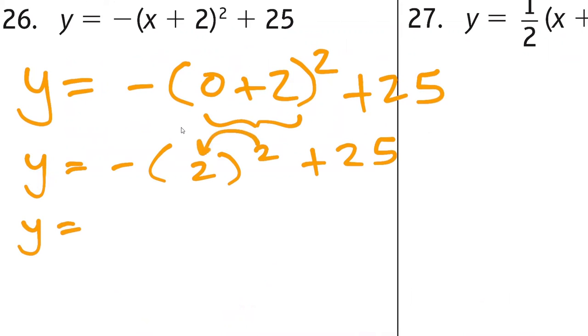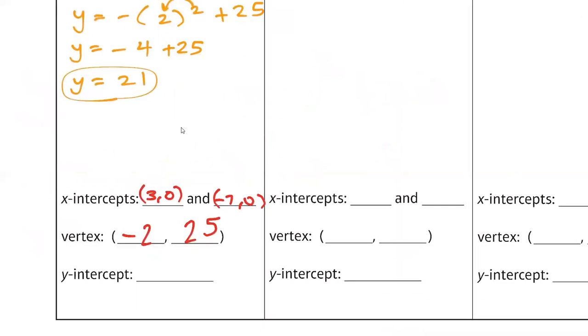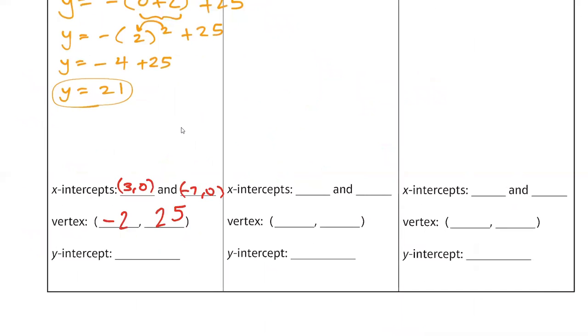Keep in mind that that's squaring the parentheses, so the negative is not touched yet, and 2 squared is 4. Now all we have to do is add up -4 and 25, and we get 21. Thus, when x is 0, y is 21, and that is your y-intercept.